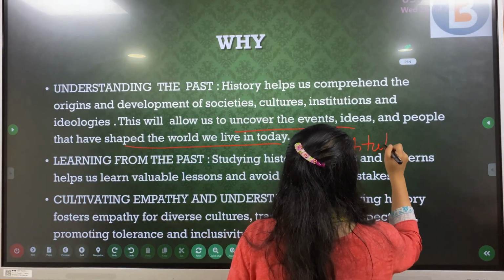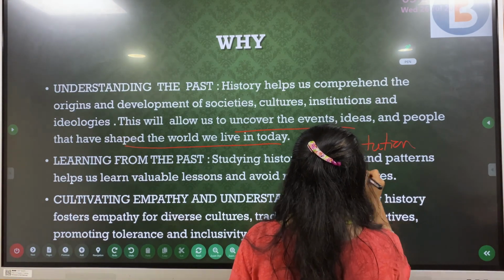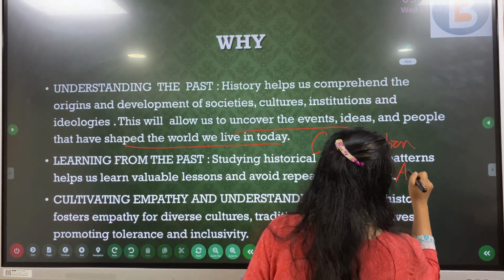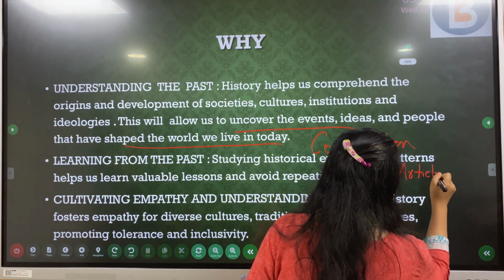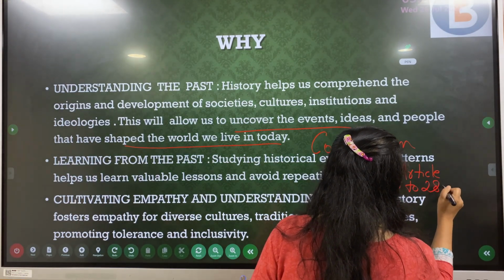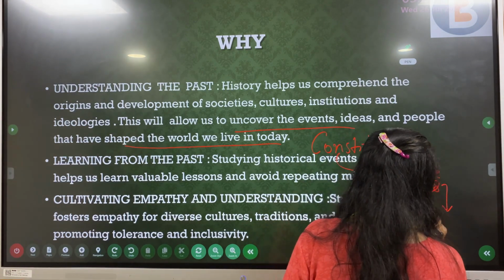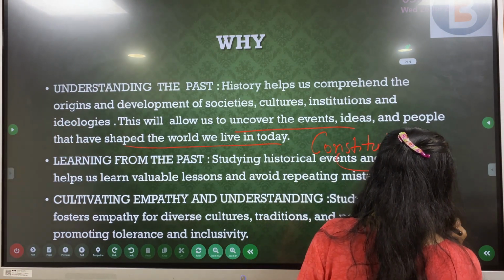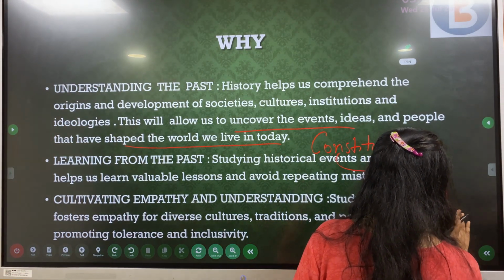And how did they do this? Through Articles 25 to 28. What is it?